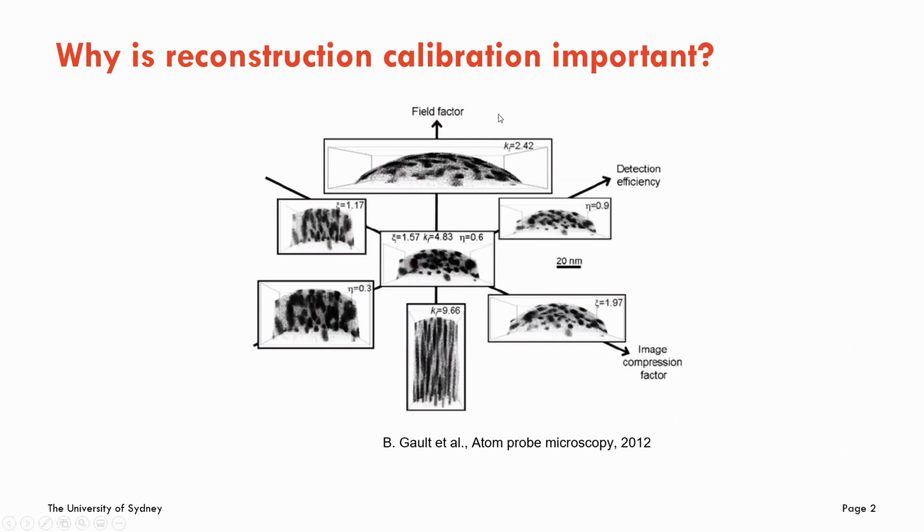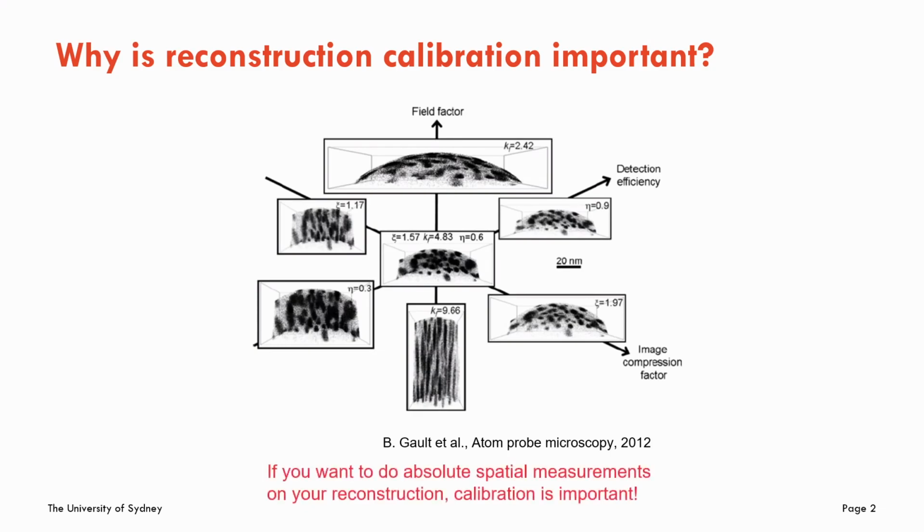So why is reconstruction calibration important? Well, I like this figure that comes out of Baptiste Gault and co.'s textbook that they put out in 2012. That basically shows that depending on the image compression factor, the field factor, or the KF, and the detector efficiency, you get quite a different resultant reconstruction.